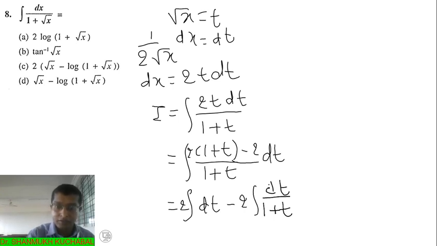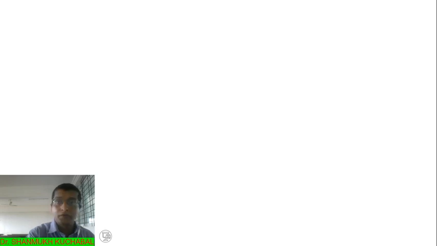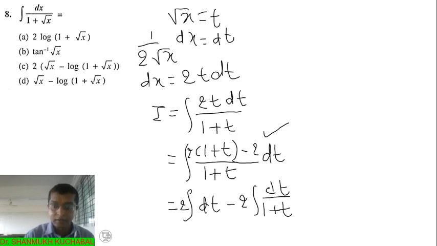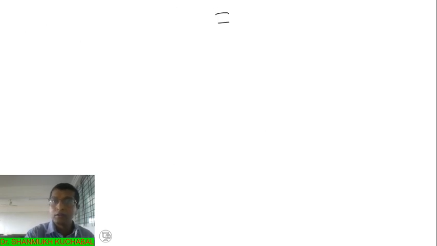Okay, first term divided by denominator we have written, similarly here second term divided by denominator we have written. So now we need to integrate this. So we get integration of 2 into dt as 2t.